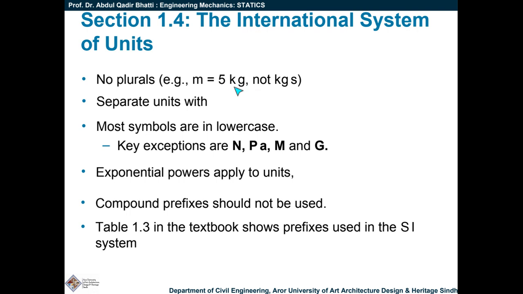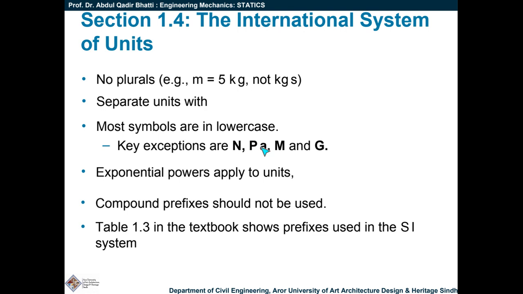Even for pound, we cannot use pounds with an S. Normally we use separate units. If we have 5 kilogram force, we keep a space in between. We will not write 5 and kilogram continuously; we write 5 space kg. Mostly the first letter is capital in the units and the second is small.